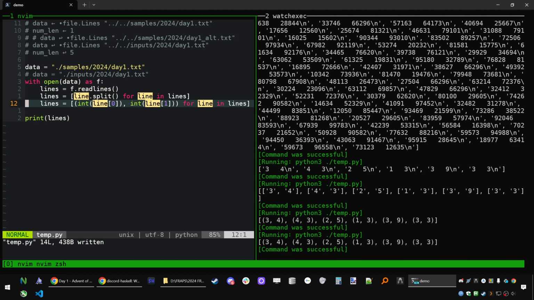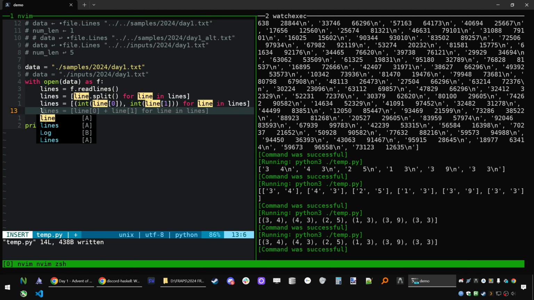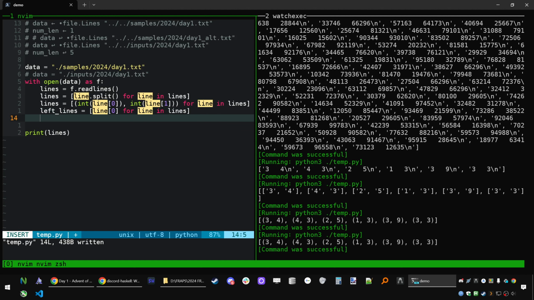And then sort these bad boys. If you're a Python person, how would you sort the first keys, right? No. I can't do left lines equals, there you go, and then right lines.